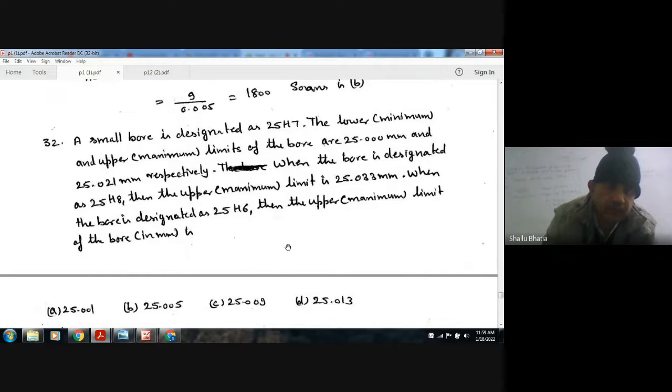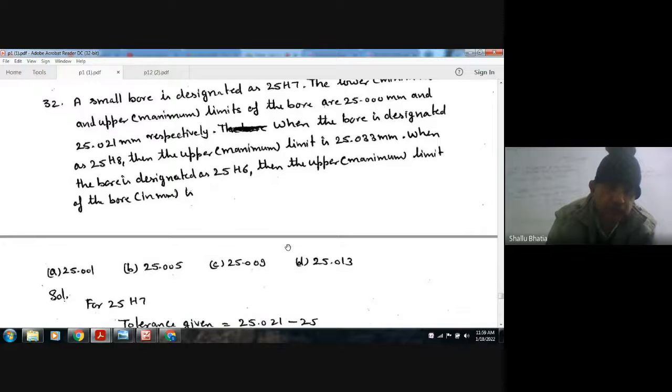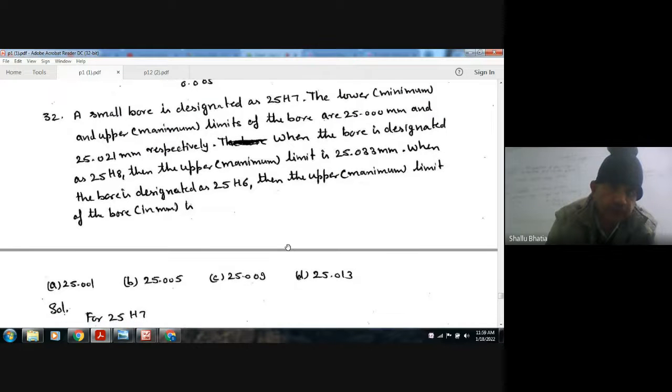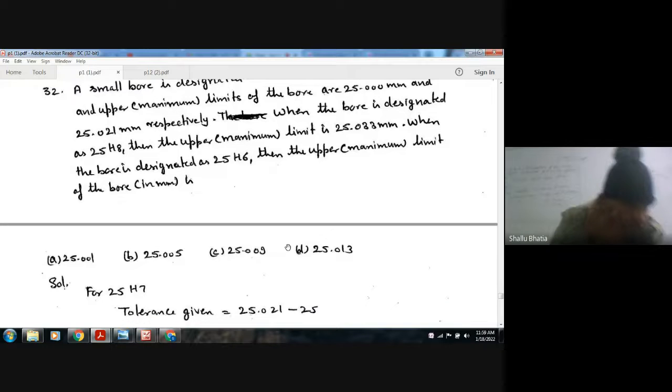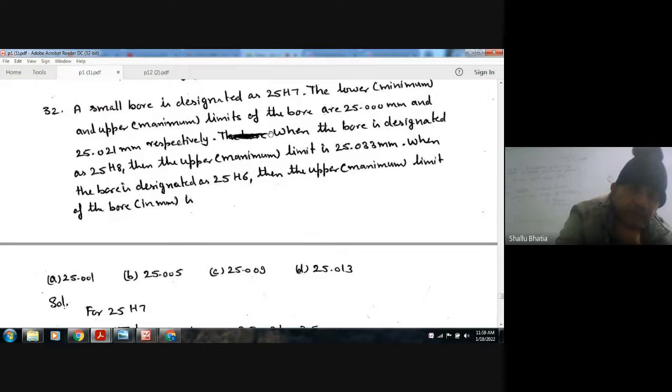When the bore is designated as 25H6, then the upper limit of the bore element is: A 25.001, B 25.005, C 25.009, D 25.013.